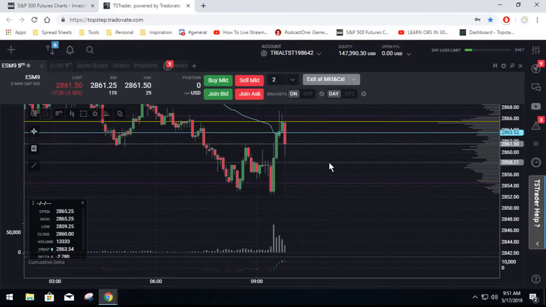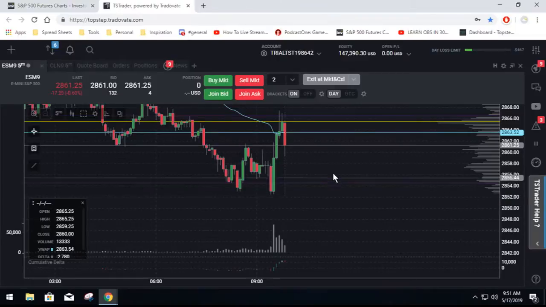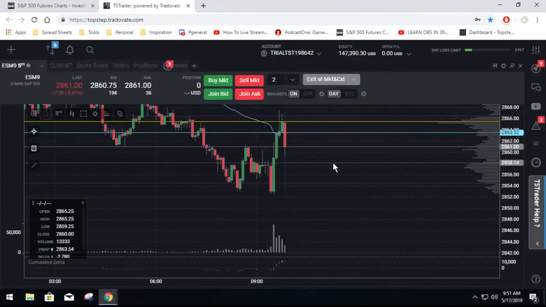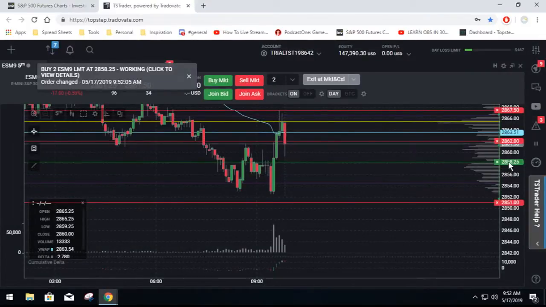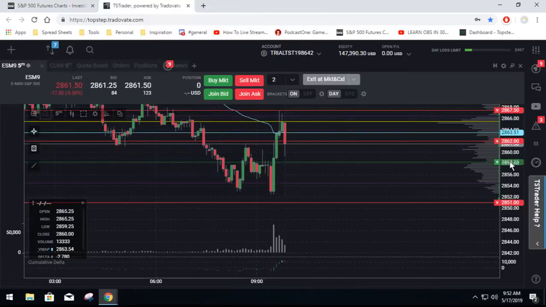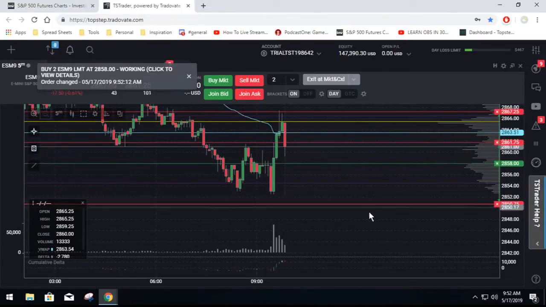So 58 is my entry range. It will give me enough on the stop loss side. So I'm putting a working order right here at 58. Right, so I have a working order set at 58.